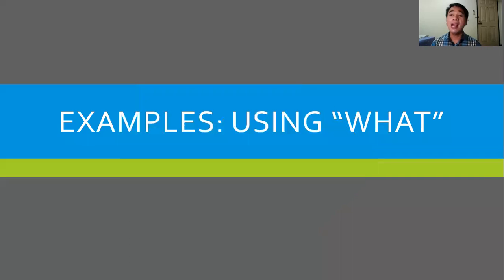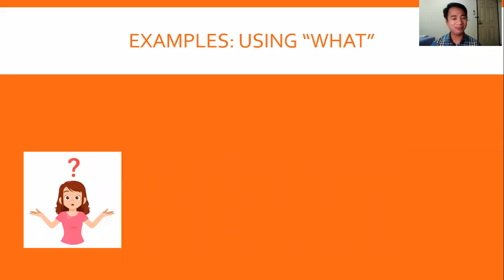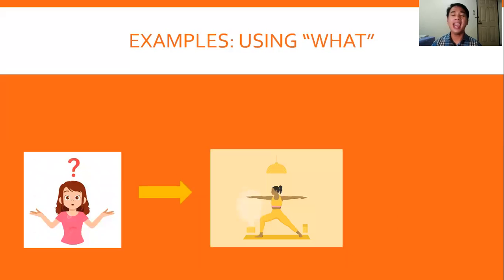Okay. So these are the examples using the question word what. Look at the photo. Okay, so by looking at the photo, what is the question now? So the question goes like this, based on the photo: What is she doing?